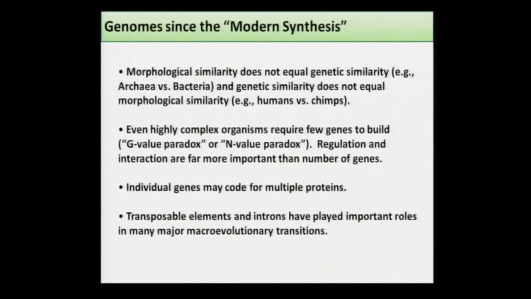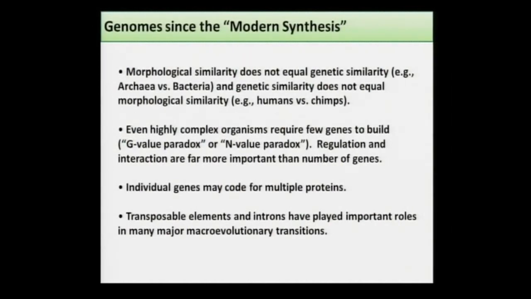We know that morphological similarity and genetic similarity are often decoupled. So for example, archaea and bacteria look similar, but most phylogenies put archaea as closer to eukaryotes, that is, for example, closer to us than to bacteria. And we also know that genetic similarity does not necessarily equal morphological similarity. So humans and chimpanzees are very similar genetically and very different in many important respects.